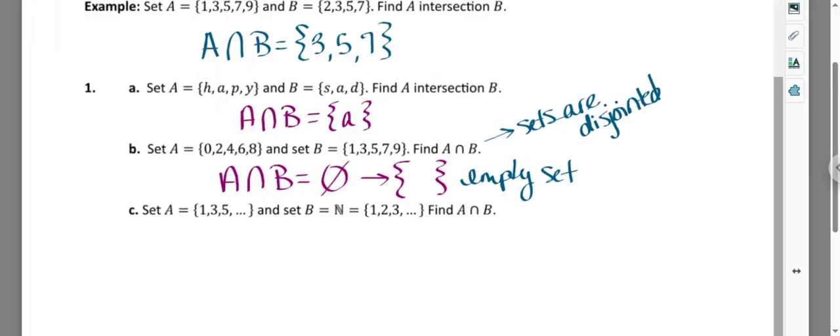So set A are the numbers 1, 3, 5, 7, and continuing on. So the odd natural numbers. Set B are the full set of natural numbers. So the intersection would be which ones? The odds.